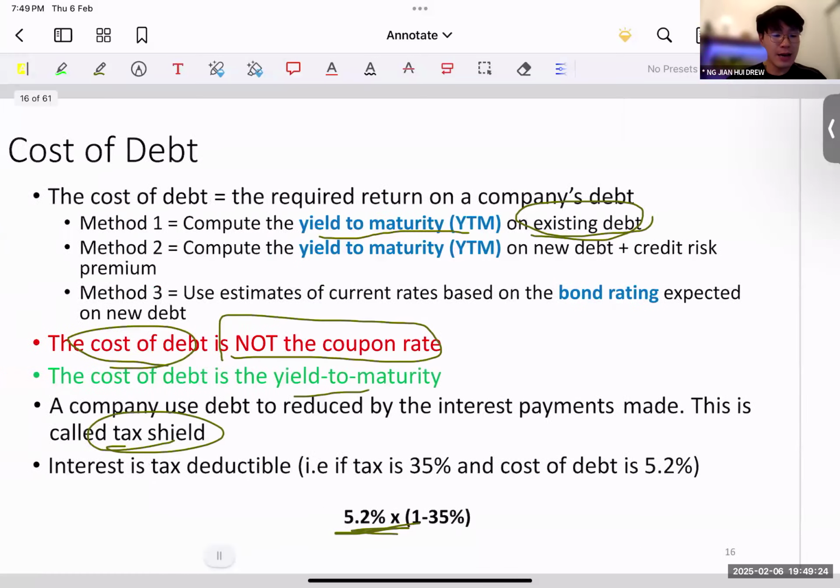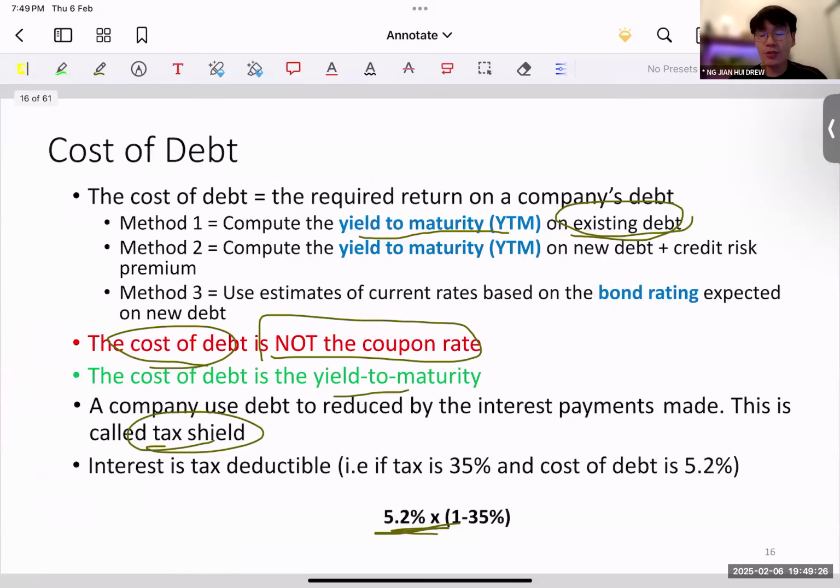Moving on. For those of you who have already taken a more advanced module, I know some of you have taken bond valuation modules. I hope you realize that the yield to maturity is the yield when you hold the bond to maturity.